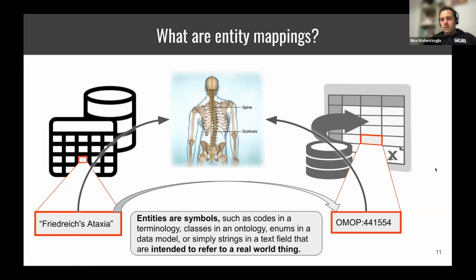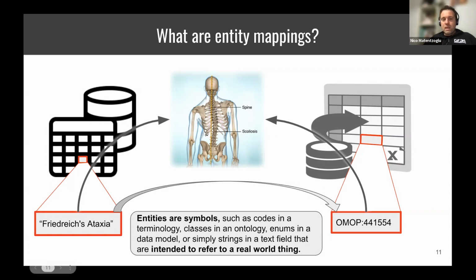And in another database, let's say this Excel spreadsheet here on the right, you refer to the Friedreich's ataxia using this OMOP 441554 identifier. So the core is that both of these symbols, so call them strings or whatever, are supposed to refer to the same real world thing, so the disease of Friedreich's ataxia.